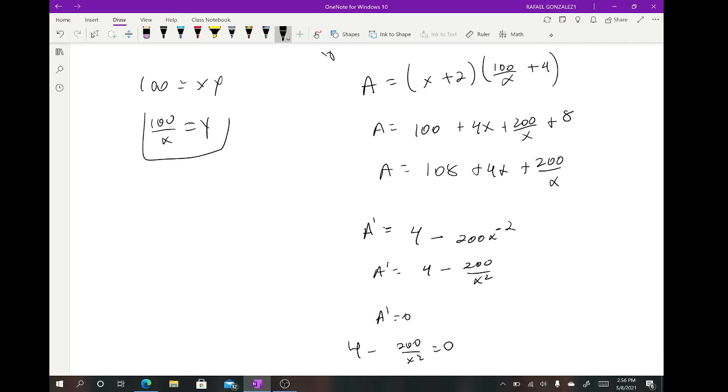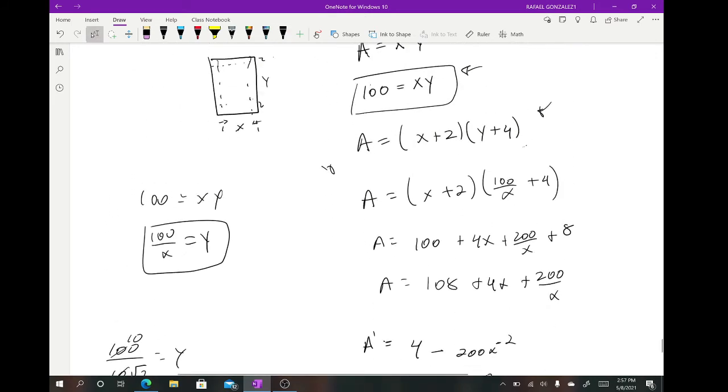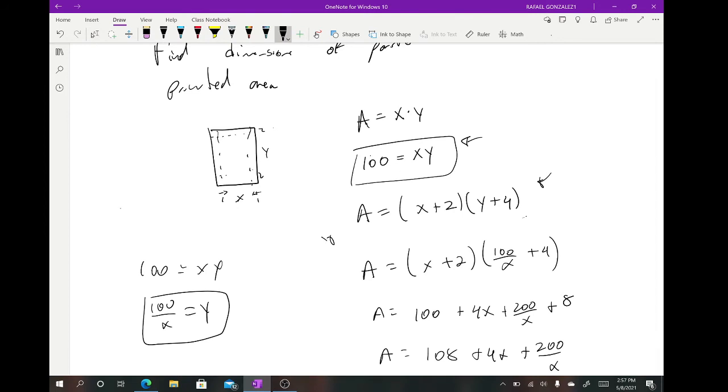In fact, I could plug it right here because I already have it simplified. So I have 100 over what x is equal to, which is 10 radical 2, is equal to y. Notice that this is going to be equal to 10 over radical 2 here, because the 10s cancel out. You just get a 10 up here. And now I have a value for y. And you could check that your solution works by plugging in here into 100 equals x times y.